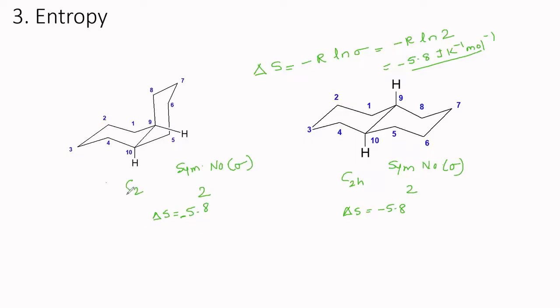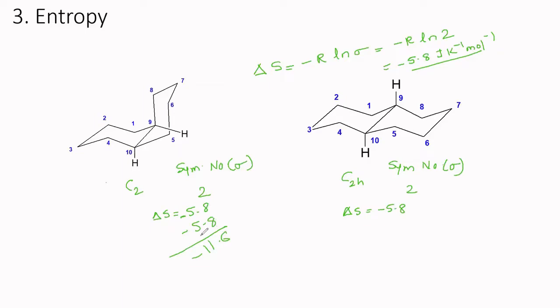C2 point group. And what will be the symmetry number? 2. And that's why this will again have additional entropy of minus 5.8. So its total is 11.6.